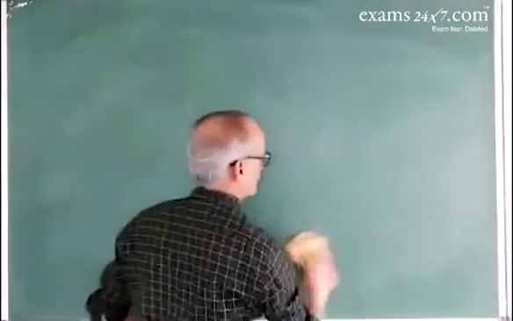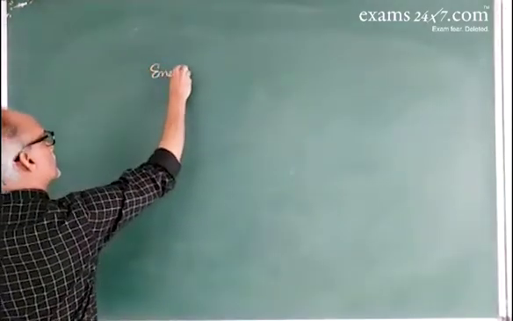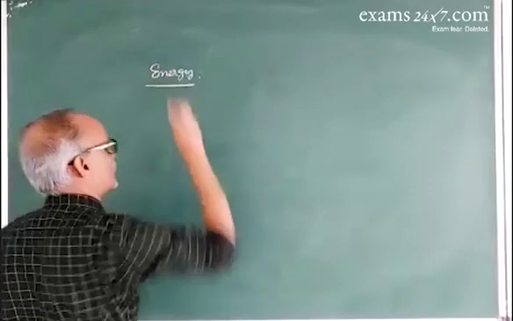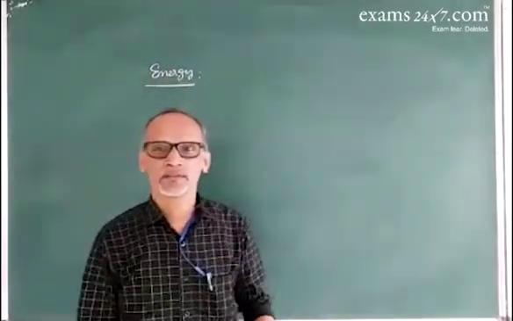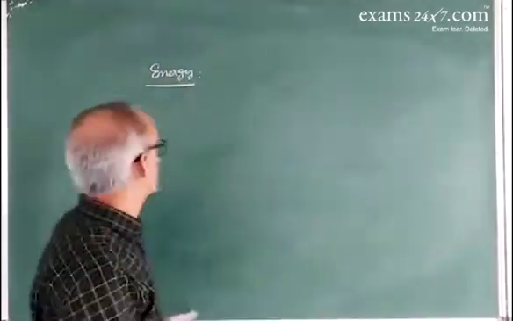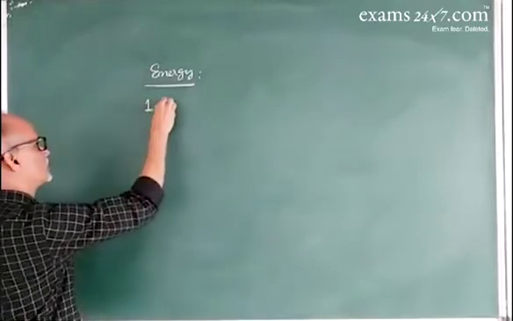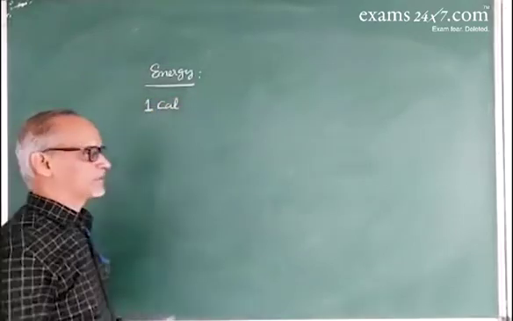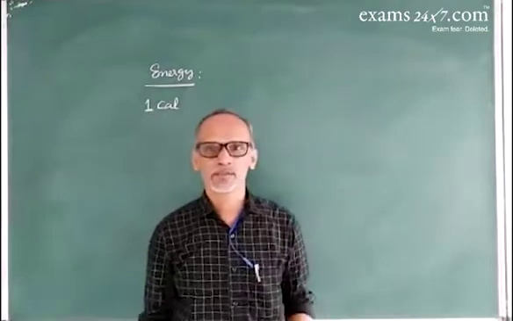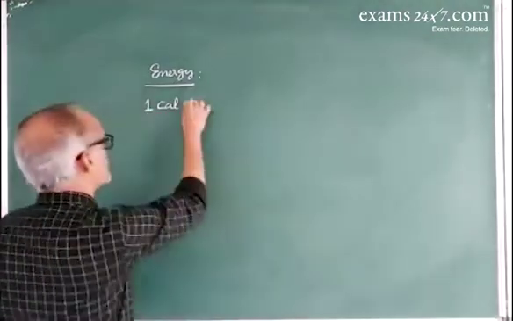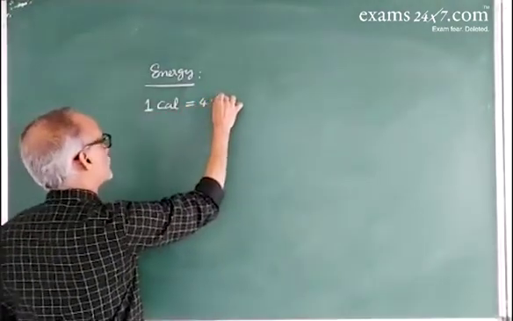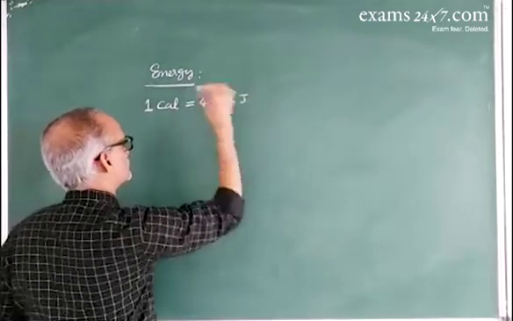The capacity of a body, the ability of a body to do work, is called energy. So that's why the unit of energy is the same as that of work, which is the joule. But a few practical units are used. Like in heat, we use calorie, and 1 calorie is equal to nearly 4.186 joule.